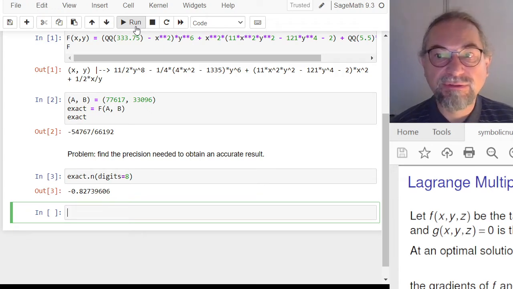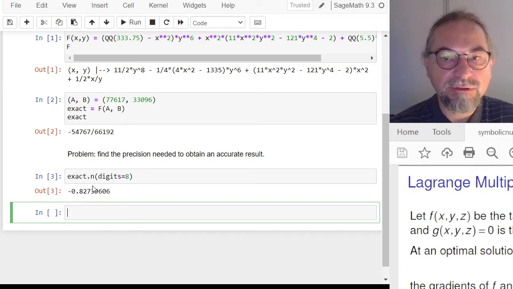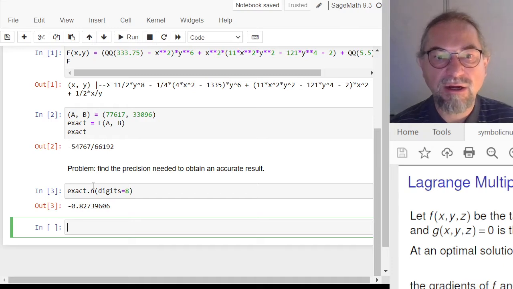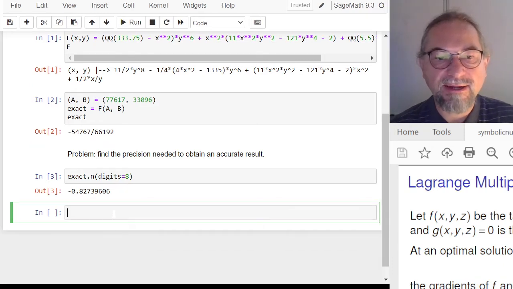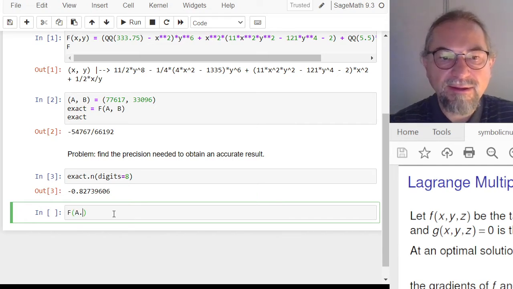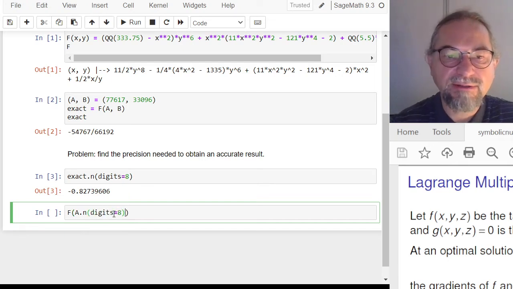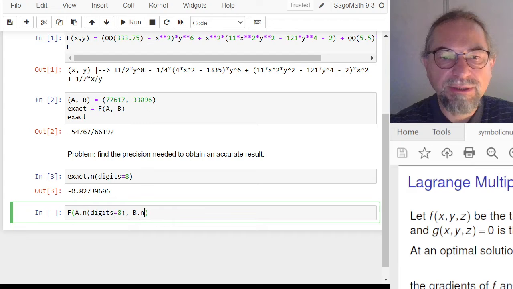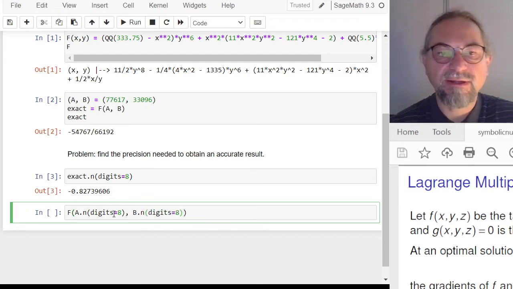Okay, so let's do our first numerical approximation. You see I used the n method on an exact number. The two exact numbers that I have there are a, with digits equals 8, and b, with digits equals 8 as well.